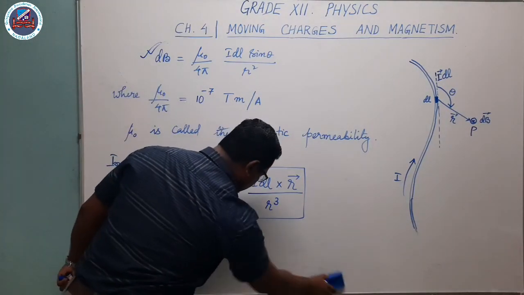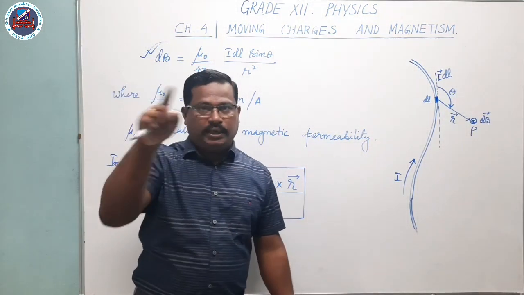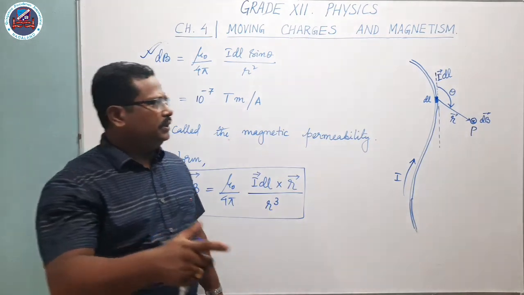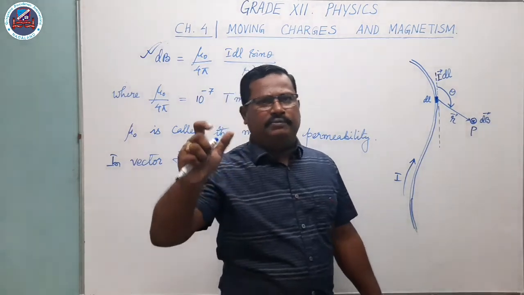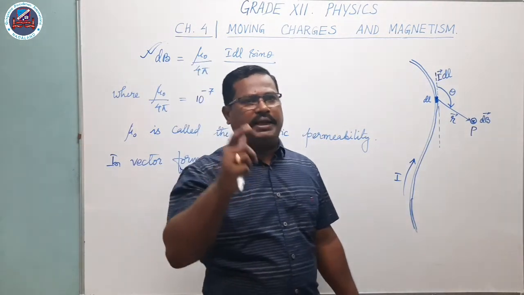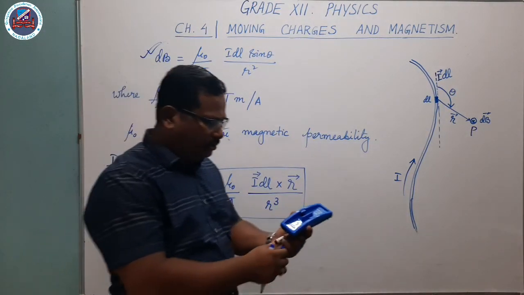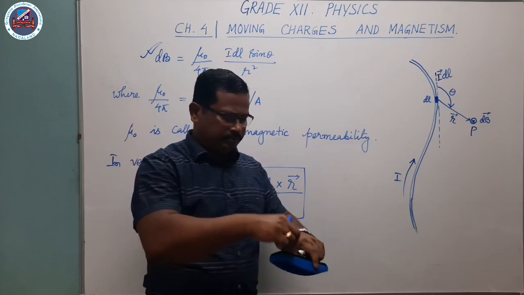Now, as you all know, when we are doing the cross product of two vector quantities, the resultant also must remain a vector. It must show direction. This dB must show direction. And how does it show? In class 11 you studied about vectors.